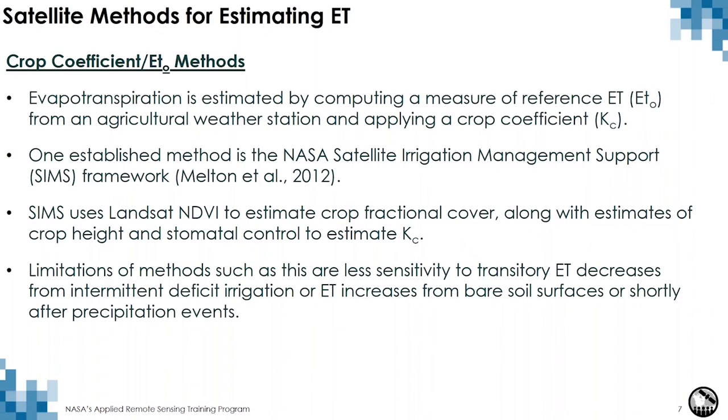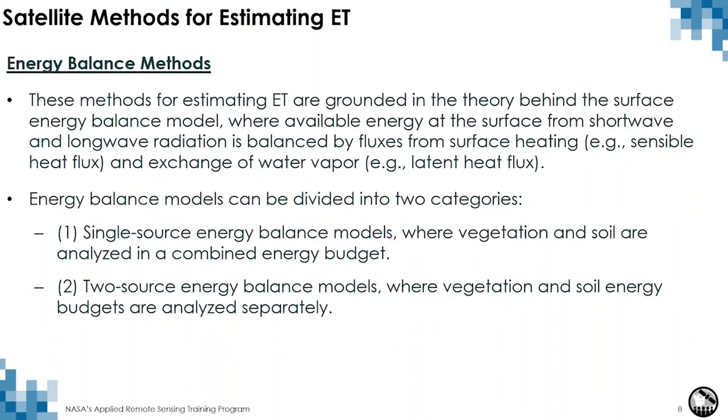And as we go to the next slide, this is really where the next method, focused on energy balance methods, may be more broadly applied to different types of agricultural applications and to monitoring ET over lots of different ecosystems: forests, grassland, wetlands.